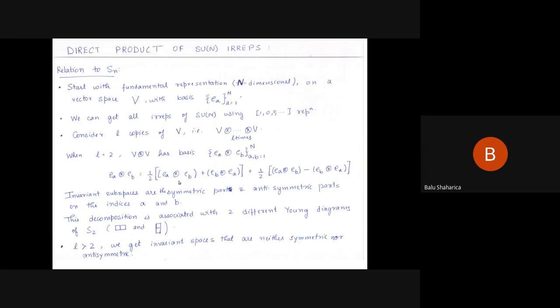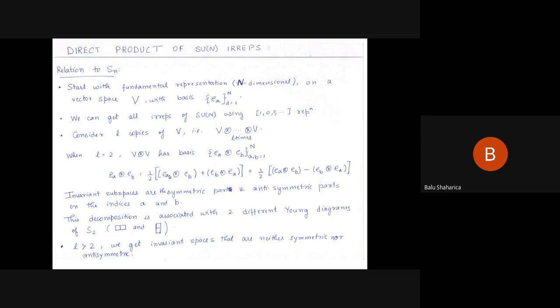So we take the trivial irrep and act on AB, and we'll get AB plus BA, and we take the sign irrep, which will give me the anti-symmetric part.